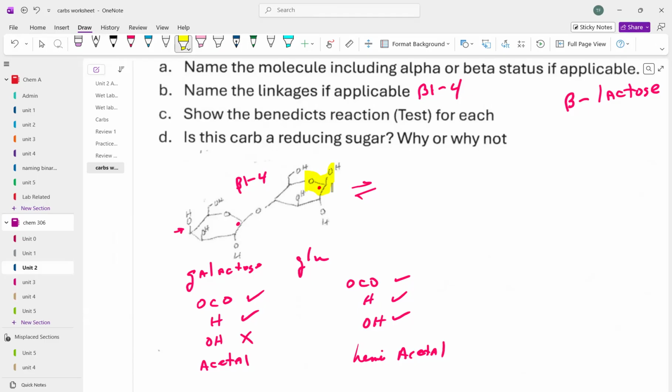The one on the left is a full-blown acetal with no OH on that. Oops, I made a mistake.